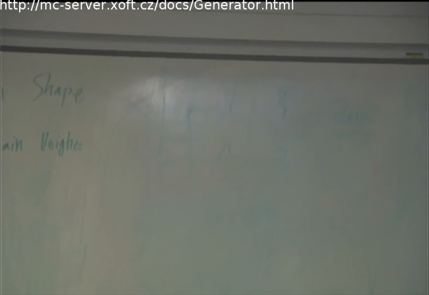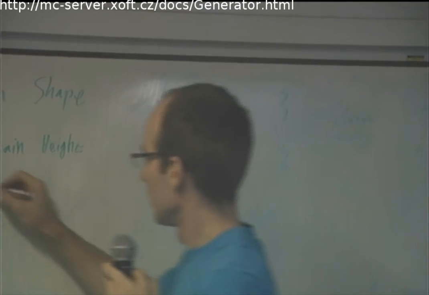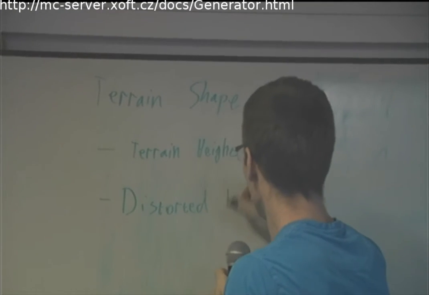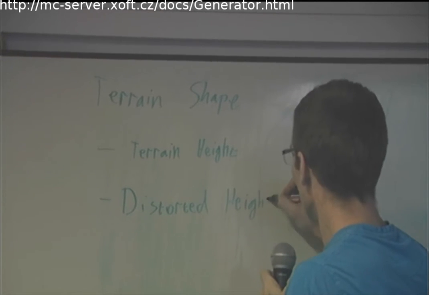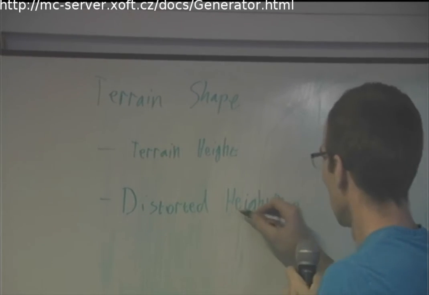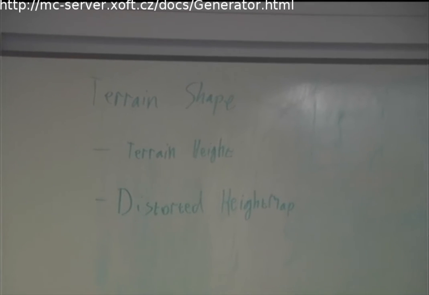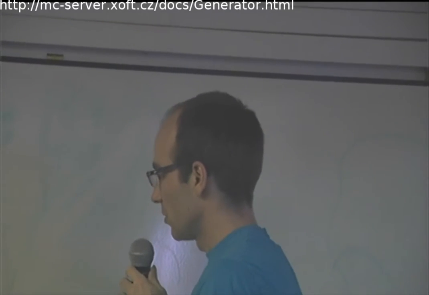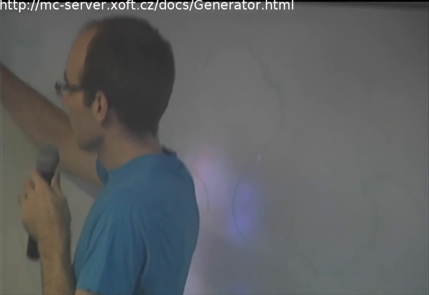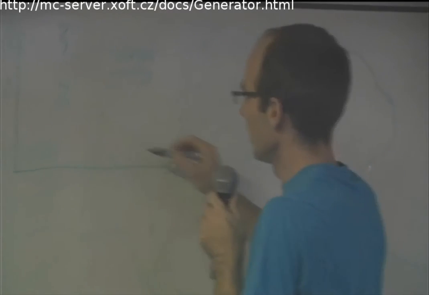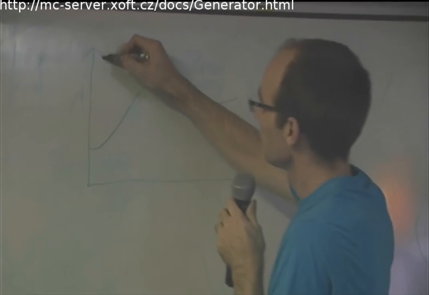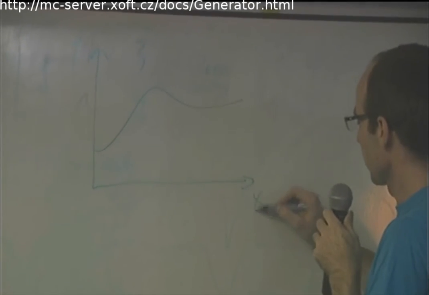The next one is distorted Heightmap. This was the first attempt at generating overhangs in Cuberite. This works by saying, okay, so let's take a height map represented here as this curve. So this is y, this is x or z.